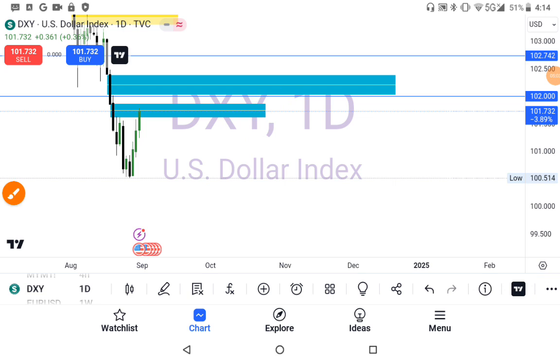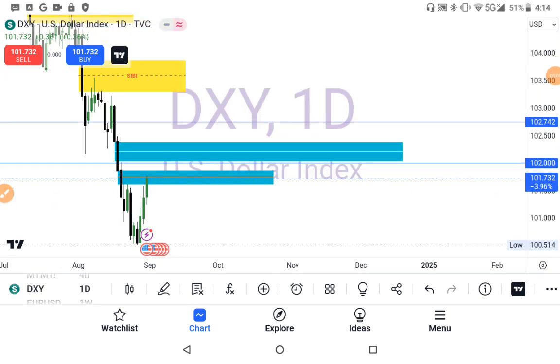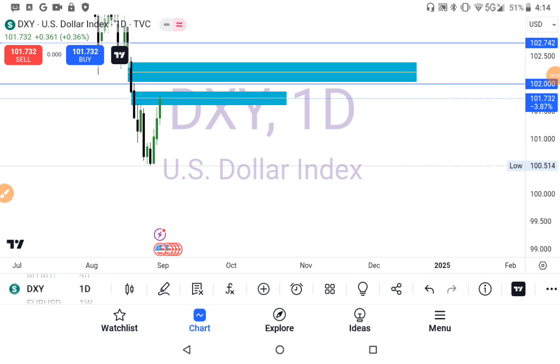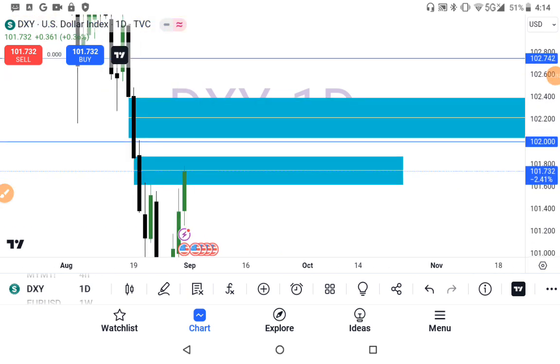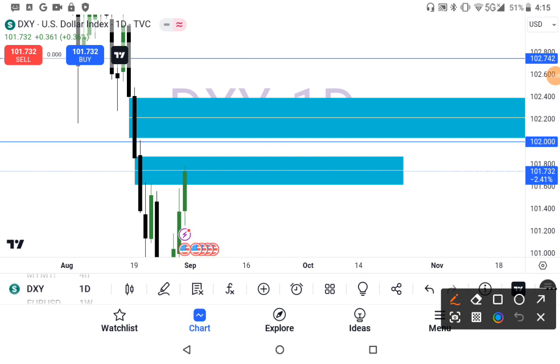So the coming week, how will I decide with this? Personally, I'm still interested in 102.000, which is 102 big figure. So when the market trades to this level, then I'll be interested in 102.742 as well.